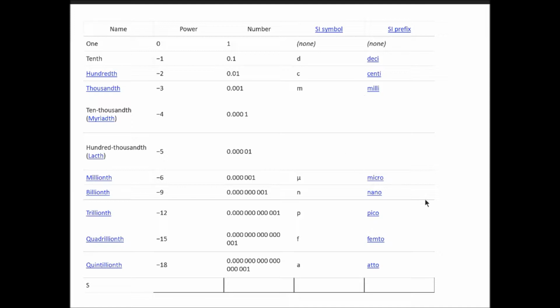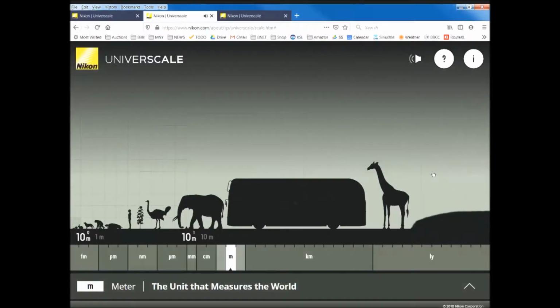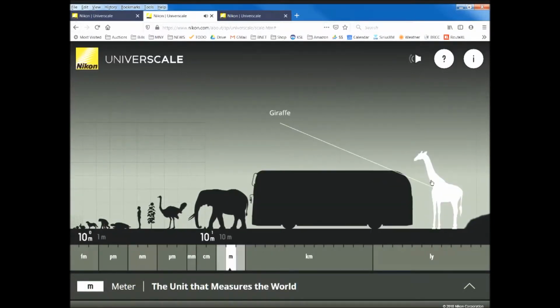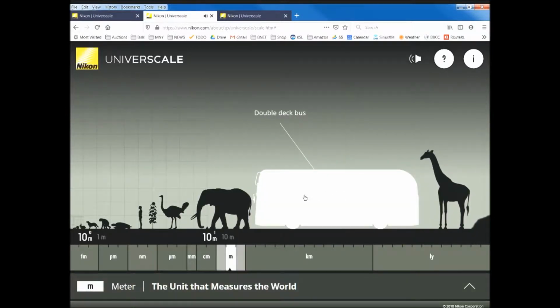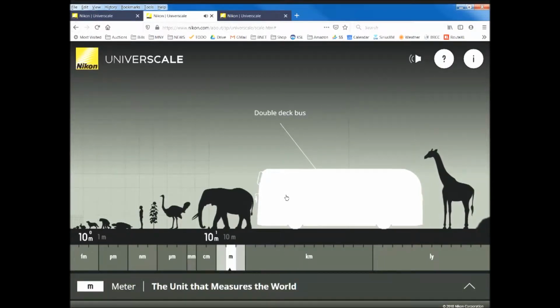So let's look at this little animation that I have. Here are some things that we're a little bit more familiar with, like a giraffe. A giraffe is about 5 or 6 meters tall. A double-decker bus, which is maybe 3 meters tall.